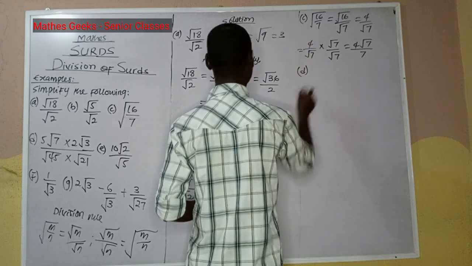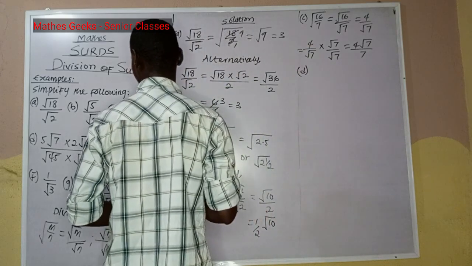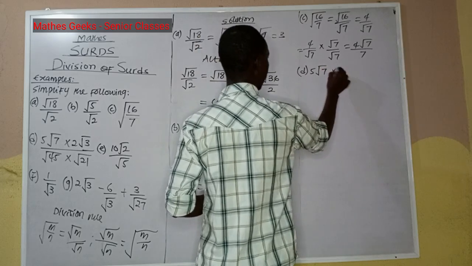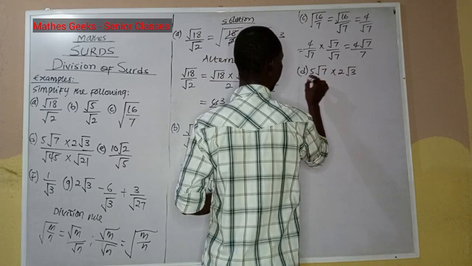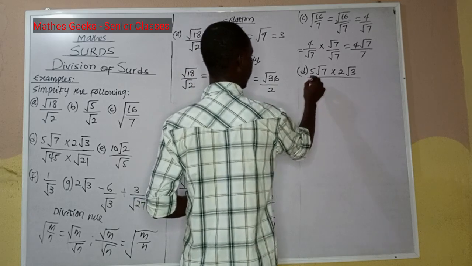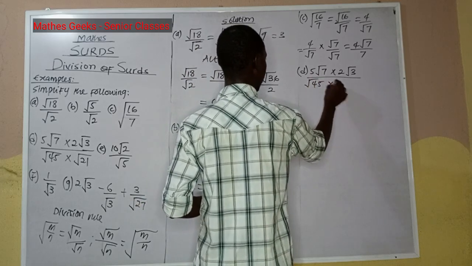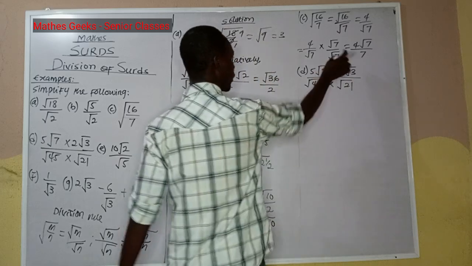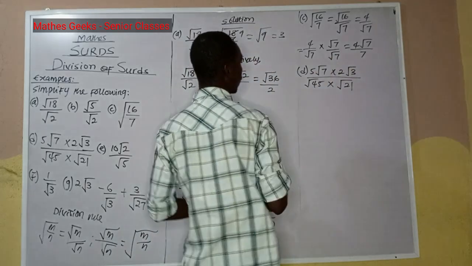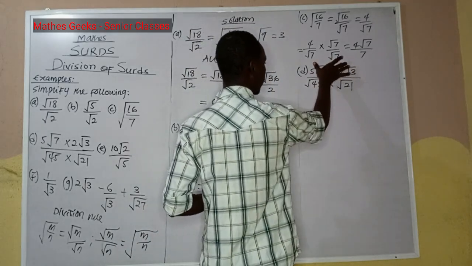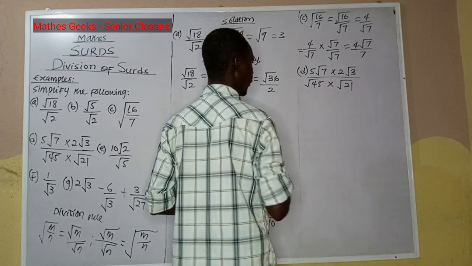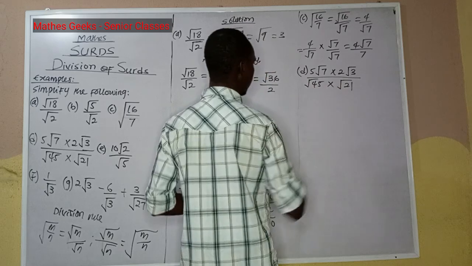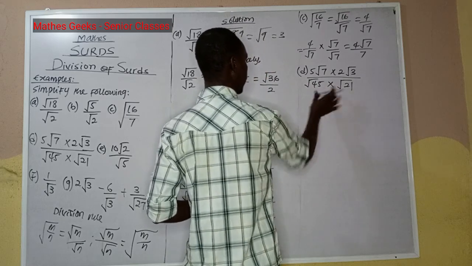And D. So D is 5 root 7 times 2 root 3 over root 45 times root 21. So the surds in the numerator are in their basic form, but the surds in the denominator are not in their basic form. So let's simplify this part.